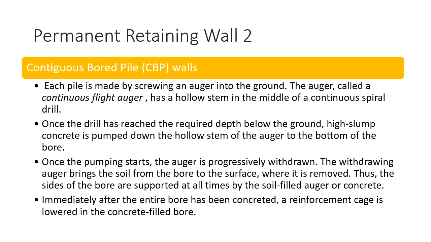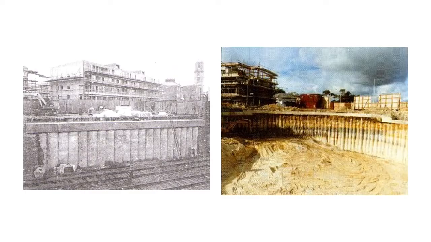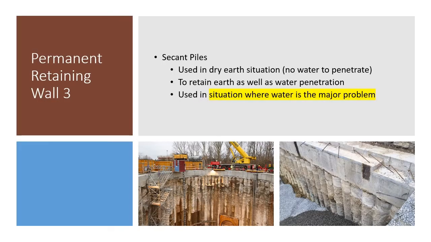So auger tu boleh hold the side of the hole tu supaya tanah-tanah dekat hole tu tak collapse. Immediately the entire bore has been concreted, barulah reinforcement cage is lowered into the concrete filled bore.